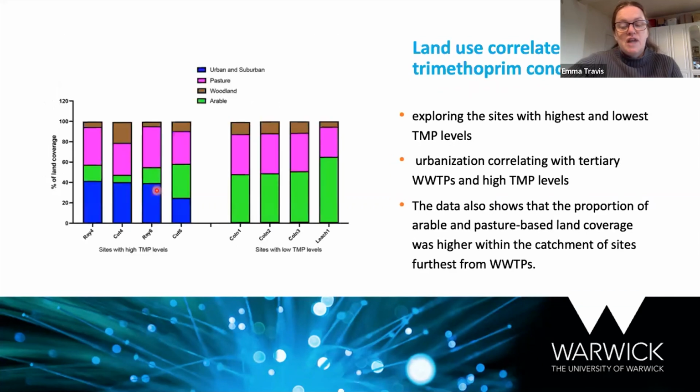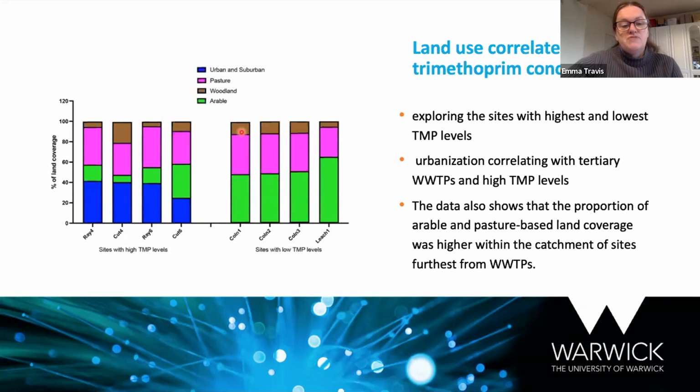Coming back to the land use correlation, and here focusing on the 4 sites with the highest trimethoprim levels versus the sites with the lowest trimethoprim levels, they showed quite different land use. And the most striking one is the increase in the urban and suburban in blue, in the sites with high trimethoprim levels. So in the low ones, there was considerably more arable.